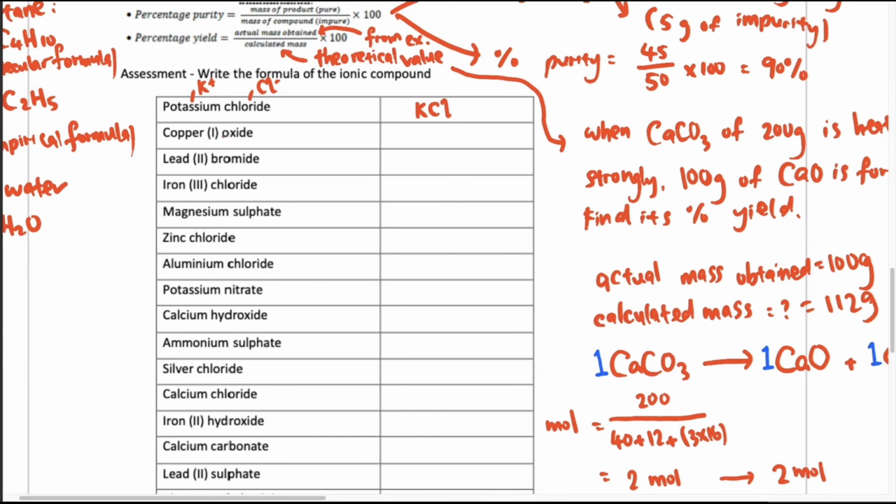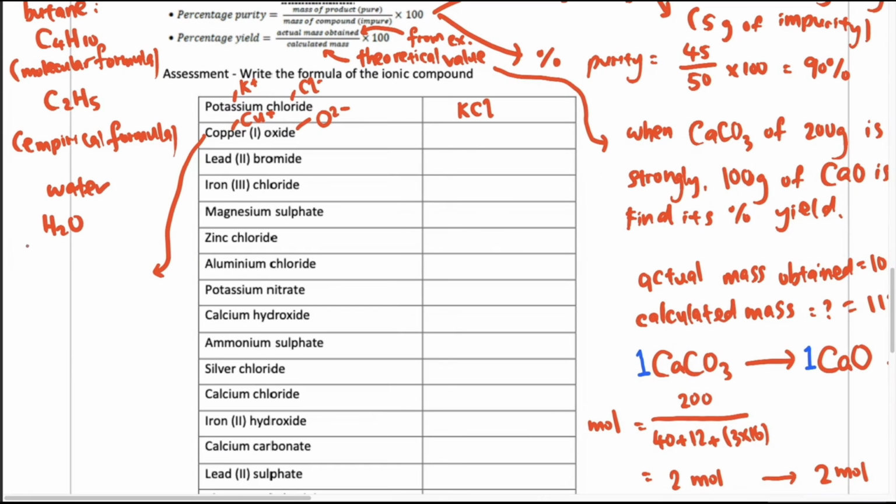Copper 1 oxide. That is CuO. Copper is 2 positive, oxide is 2 negative. Copper is Cu2 plus.